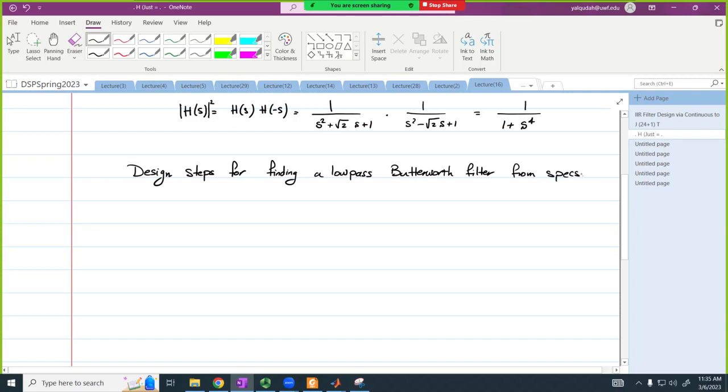What are the design specs for designing a Butterworth?